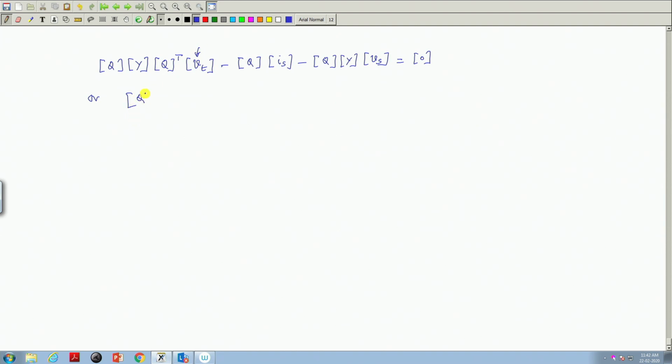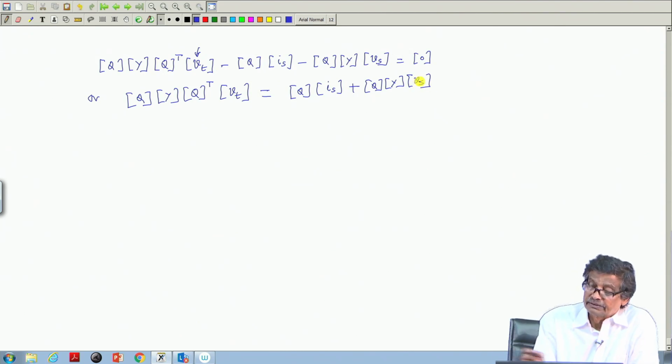So, Q into y into Q transpose into V t will be then equal to Q into I s plus Q into y into V s. That is all.